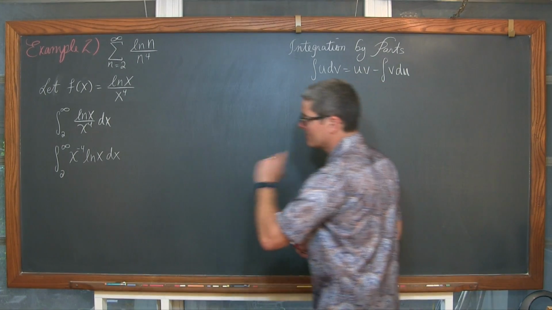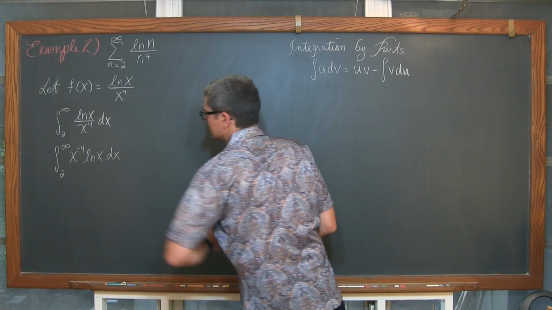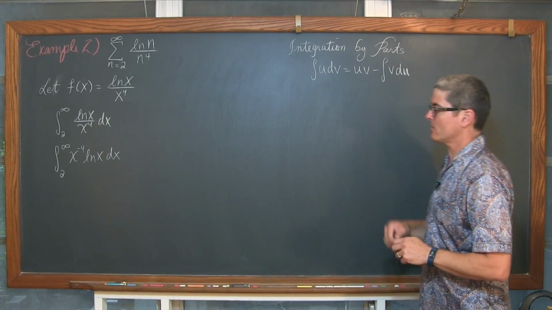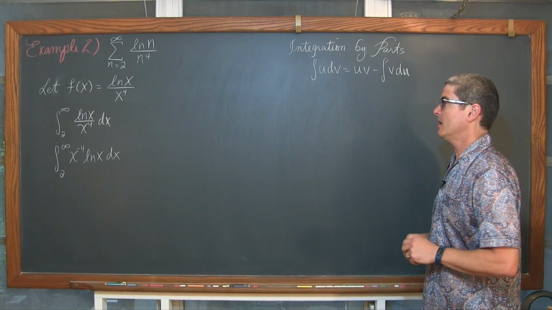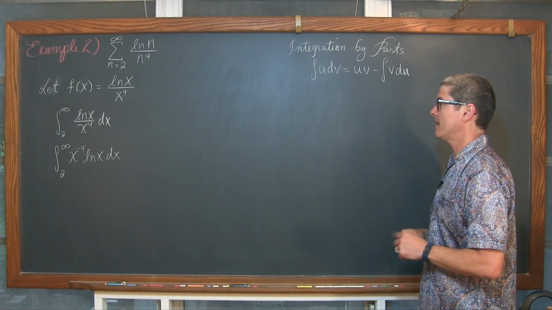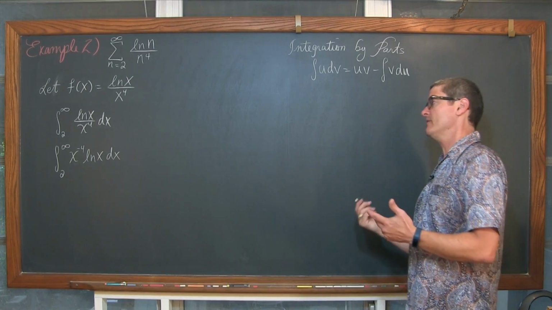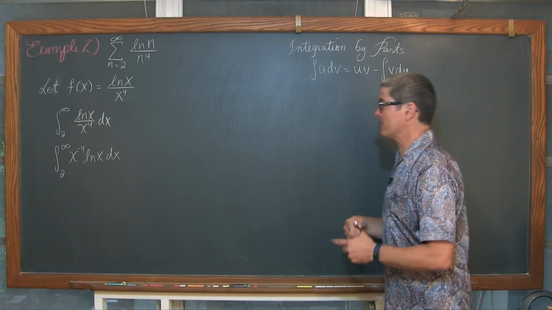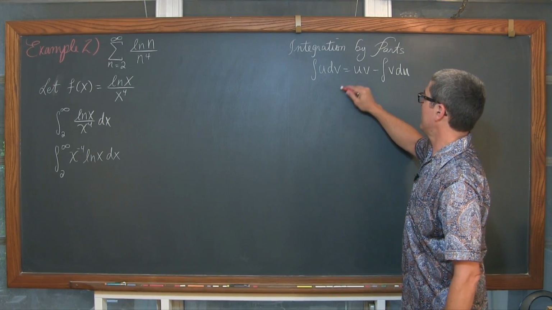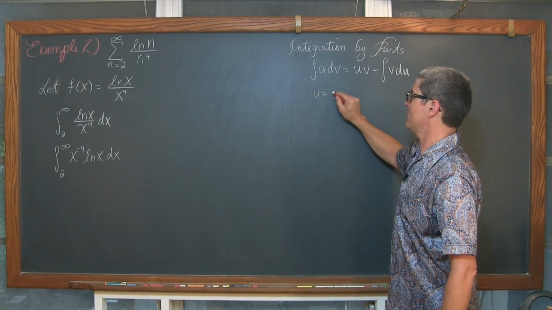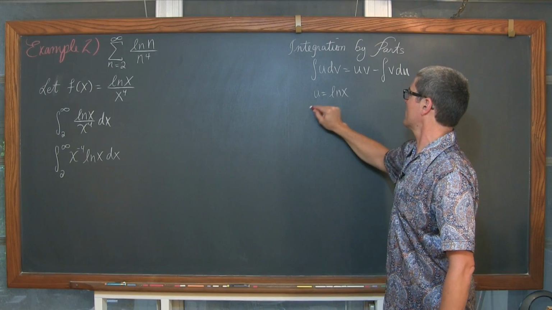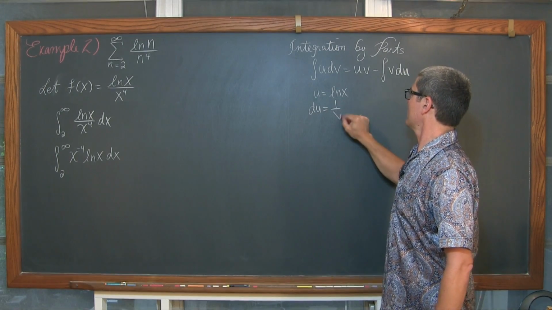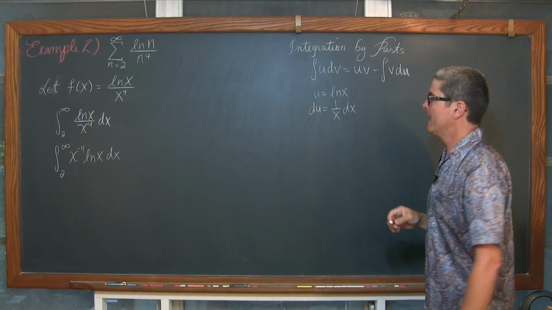And not too sure about easily integrating the natural log of x, but we can integrate the x to the negative 4 dx, and we can take the derivative and get a simpler term when we're taking the derivative of the natural log of x. So we're going to let u be equal to the natural log of x, where du is 1 over x dx.